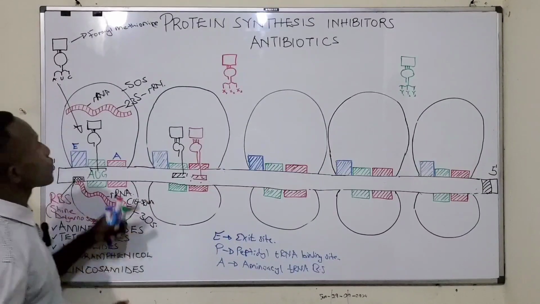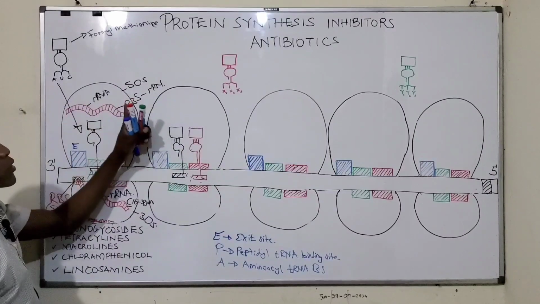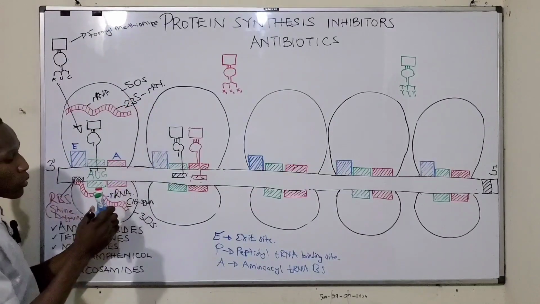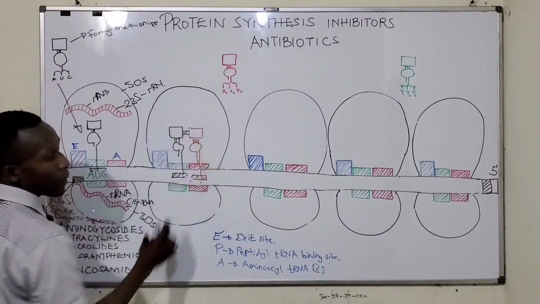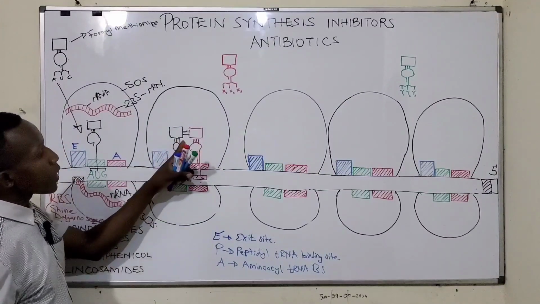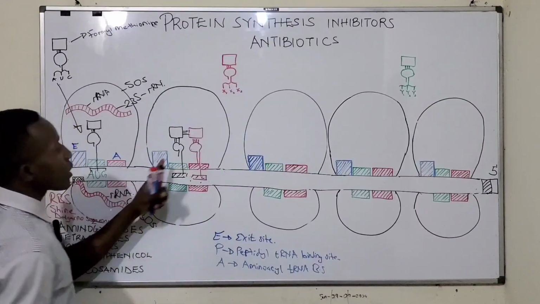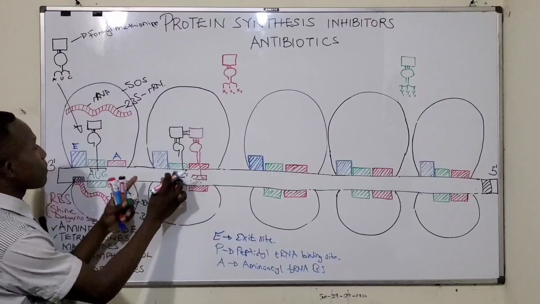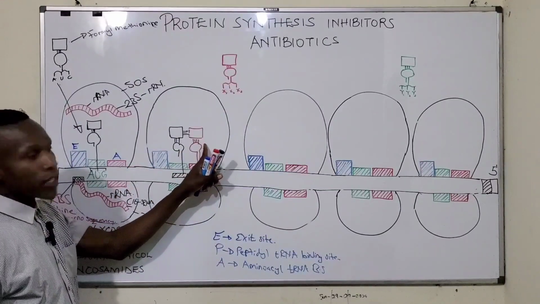The peptidyltransferase activity from the 23S ribosomal RNA will help in the formation of bonds between these amino acids. When we form the bonds, we shall have the transfer of the amino acid from the P site transfer RNA to this transfer RNA.